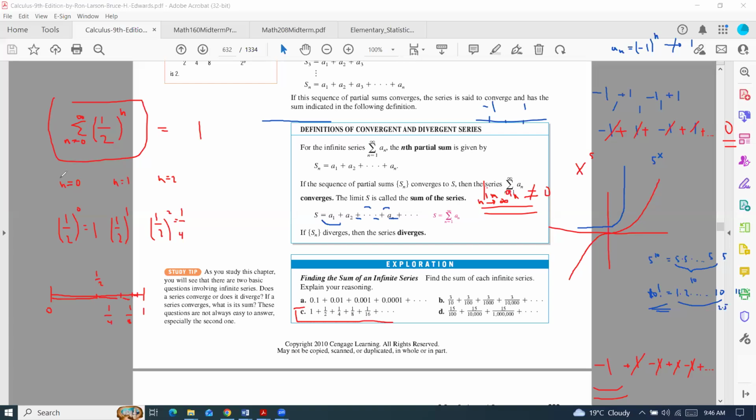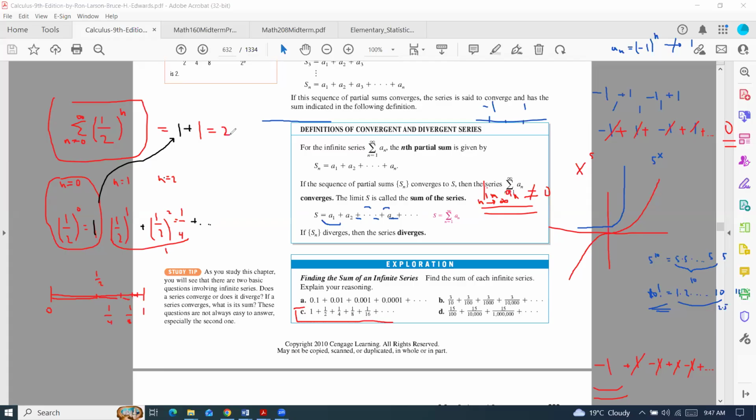But of course, I disregarded this first term, so it should be plus another 1. Maybe I'll use another color to give me a better visualization. So that's 1 from here, and then the rest will also equal 1. So if I keep adding everything else, the rest will be the red one. So the actual sum is going to be 1 and 1, which is 2.